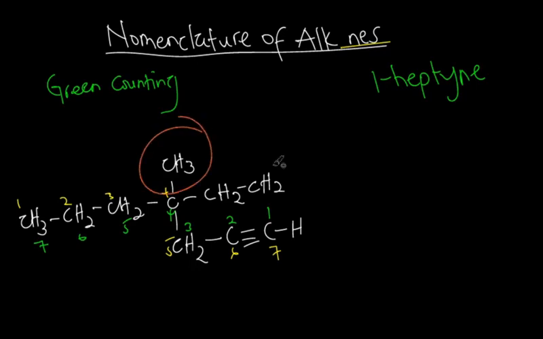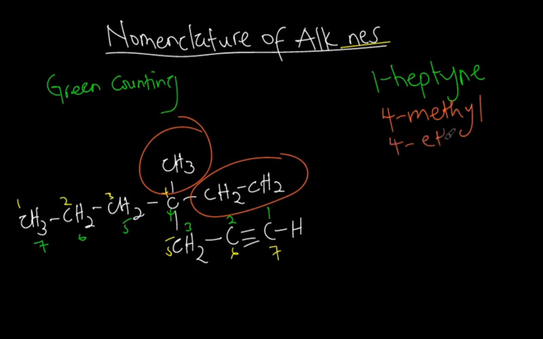So we have one here and then another one over here. Okay, so this CH3 is what we call methyl, and if we are using the green counting, it's still on carbon 4, so we have what 4-methyl. Then we have 2 carbons with 5 hydrogens, that is what we call ethyl, so we have what 4-ethyl.